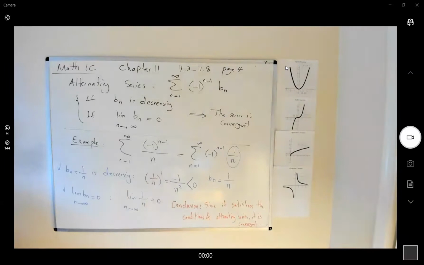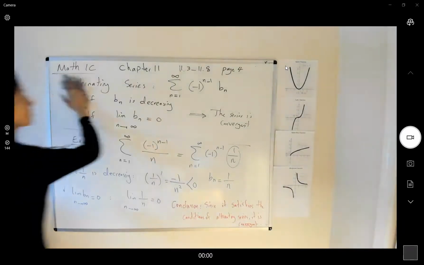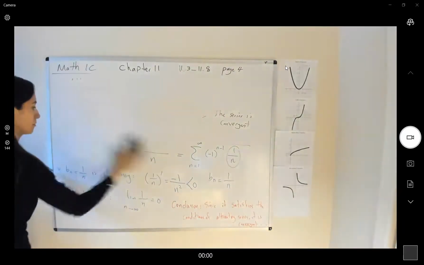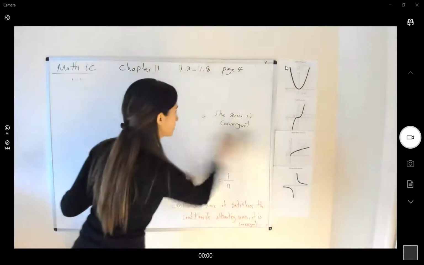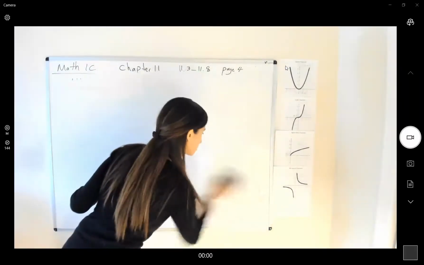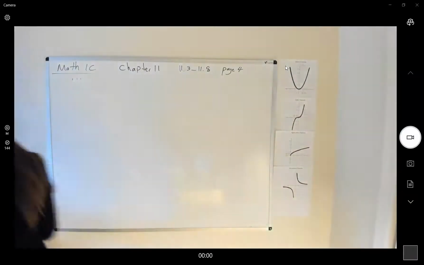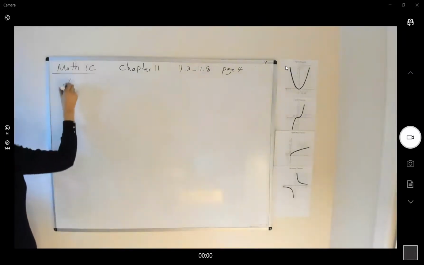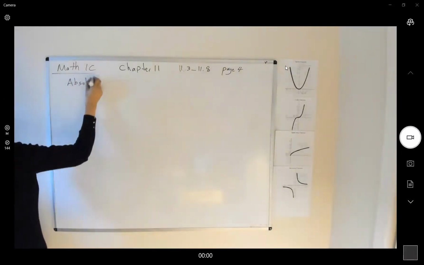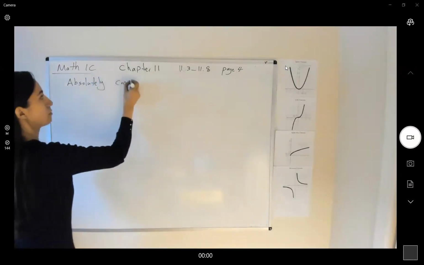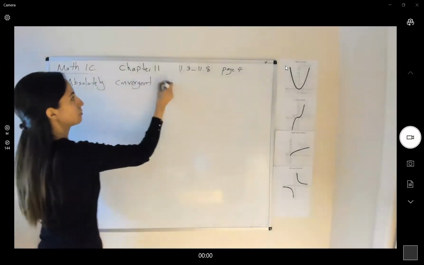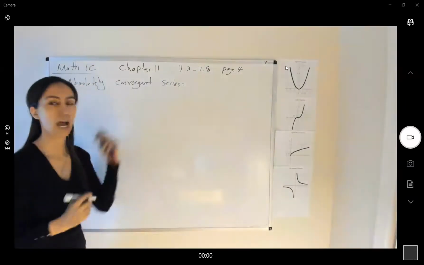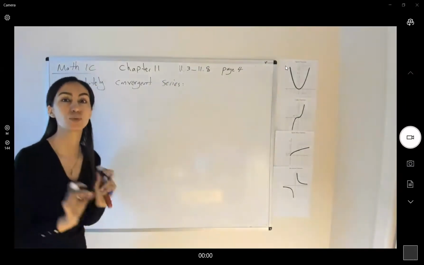Okay, let's define absolutely convergent series. Absolutely, it's coming from absolute value.